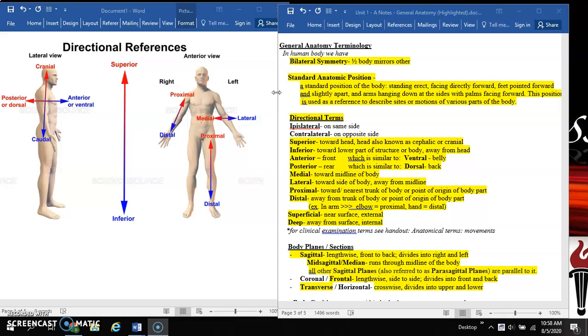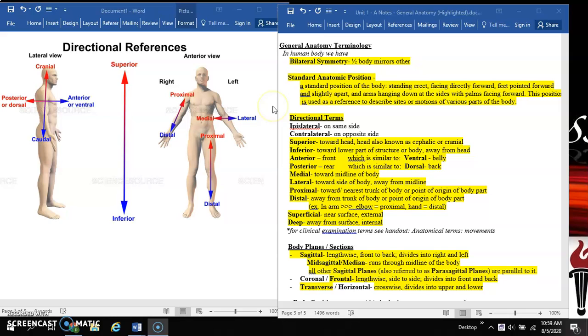Medial and lateral are points of reference using the midline of the body, with medial being closer to the midline and lateral being farther away from the midline. Proximal and distal are points of reference used with an appendage, with proximal being closer to the point of attachment to the body and distal being farther from the point of attachment with the body.